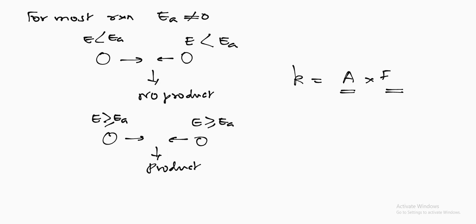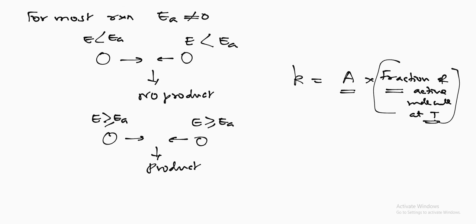So we need to know what is the fraction of active molecules present at temperature T. This factor is nothing but e power minus EA by RT, which gives you the fraction of active molecules present at temperature T.